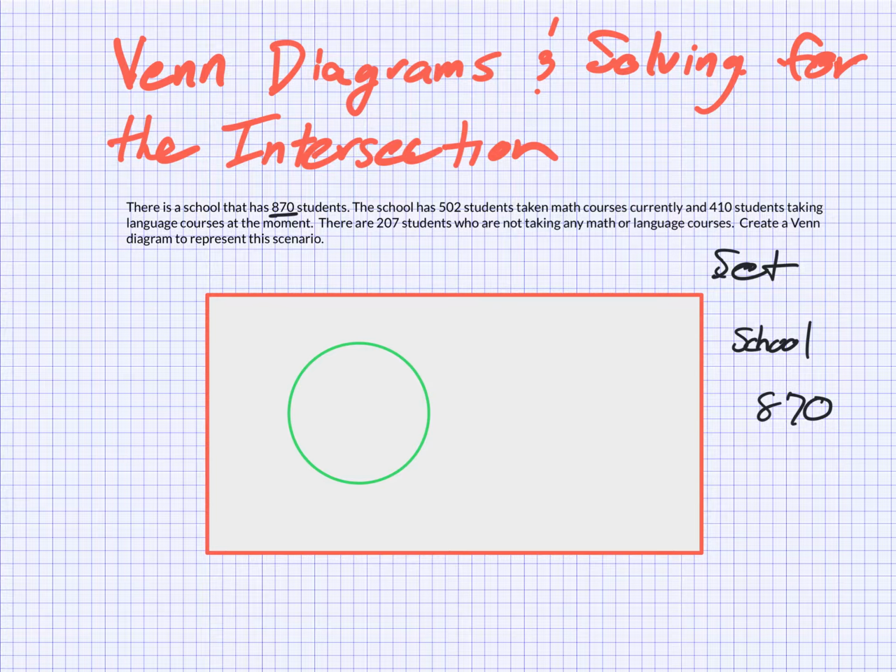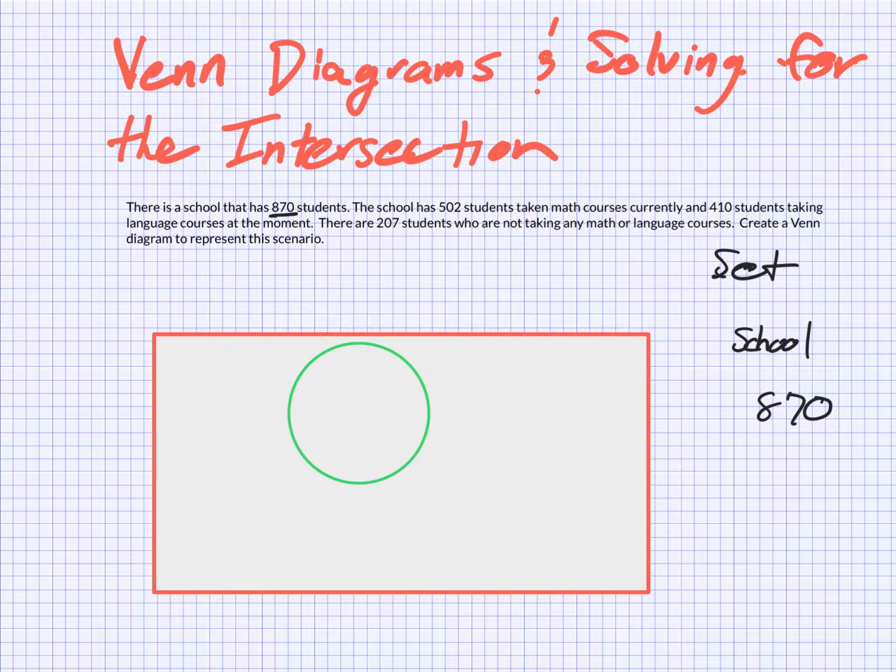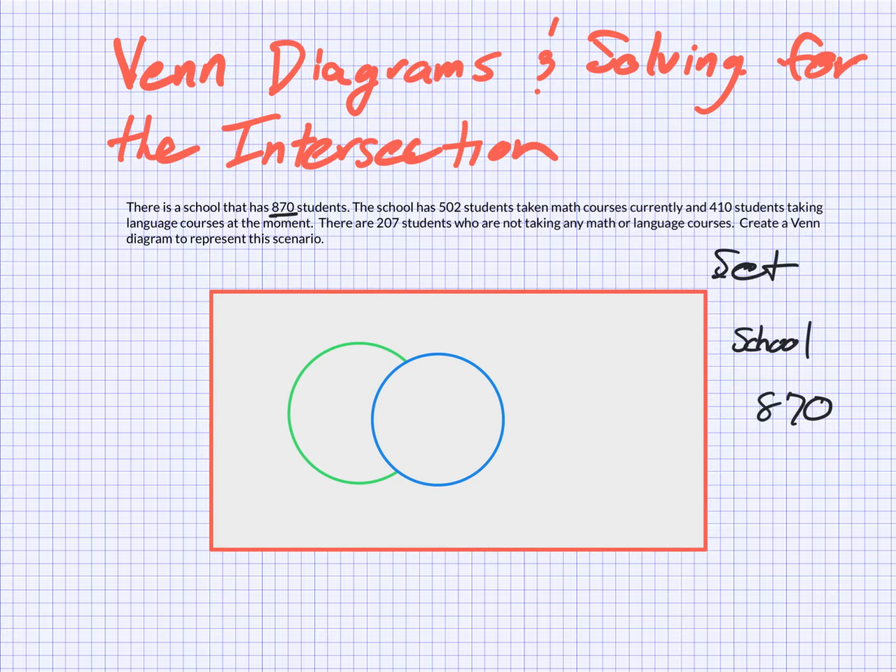I'm going to pause. Okay, kind of solved that. A little bit of overlap here. We'll fill in the second part here.